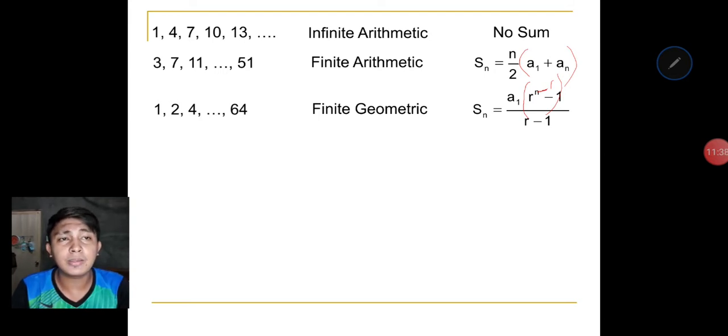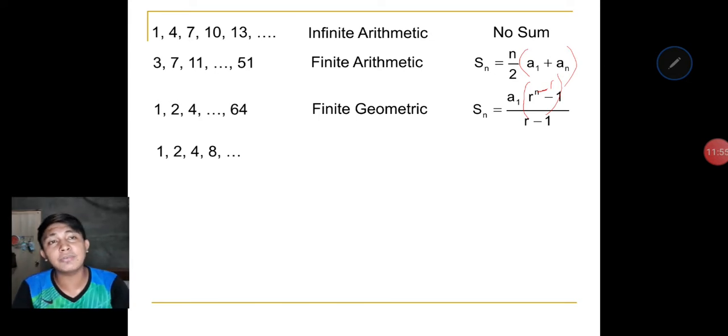Typo lang yan. Okay? So the next one, we have 1, 2, 4, 8, and so on and so forth. Since there is an ellipsis, we could be sure that it is an infinite sequence. But we are not sure if it is arithmetic or geometric. Ano ba siya? Magkakaiba ang kanyang common difference.